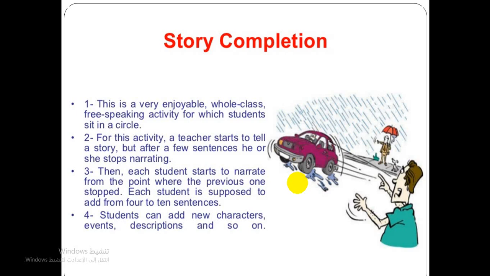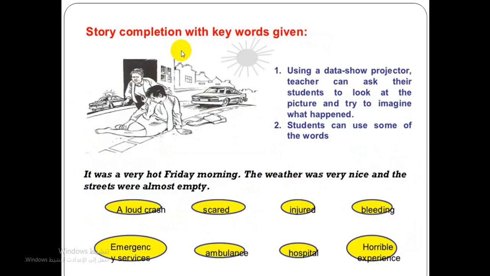Here we have story completion with keywords given. As you see here, you need to use a data show projector. Here the teacher can ask their students to look at the picture and try to imagine what happened.